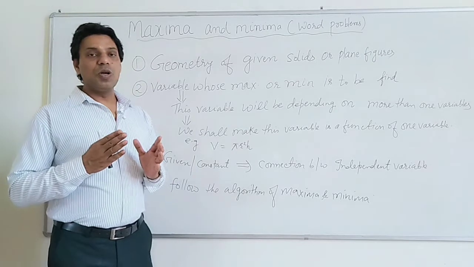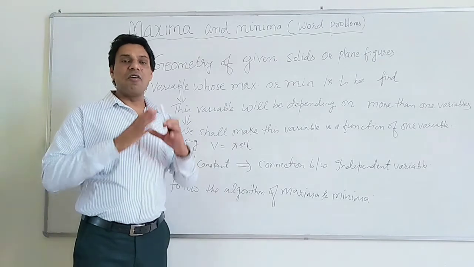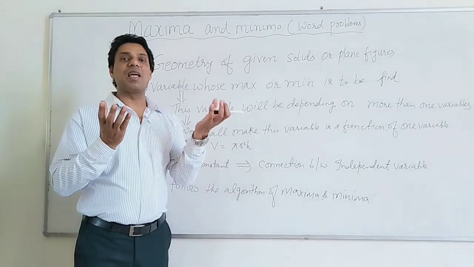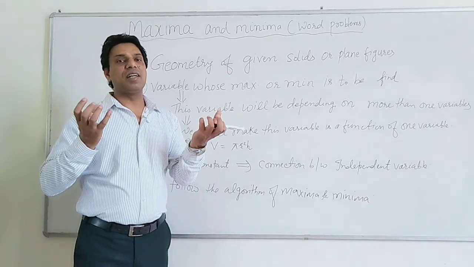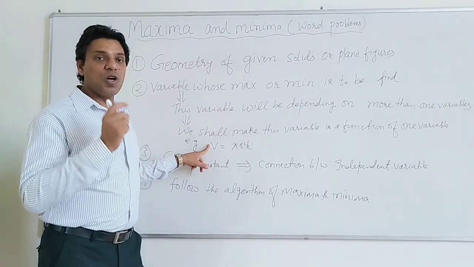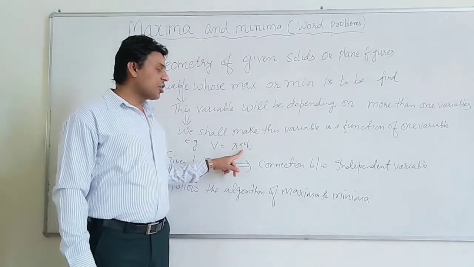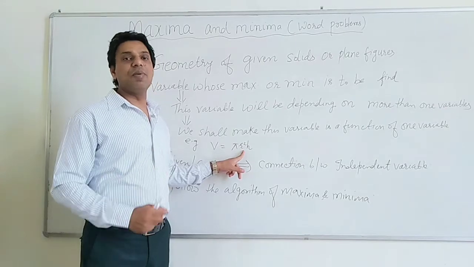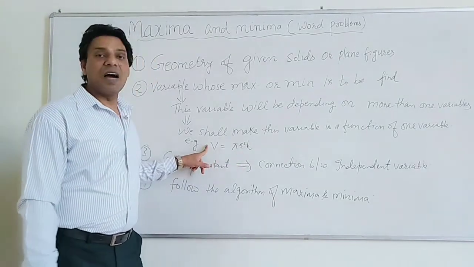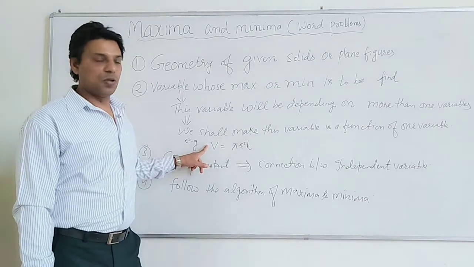If you want to make a cylinder of maximum volume, then you will have a variable radius and variable height, different radius and different height. In this case, this dependent variable, that is volume, is not a function of a single variable. So it will be difficult to differentiate, because after all we have to differentiate the volume.